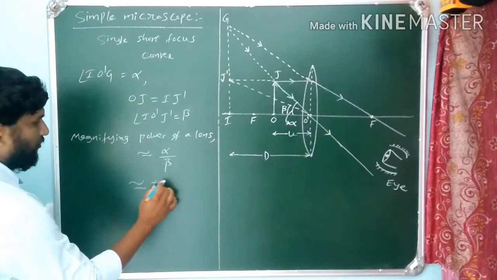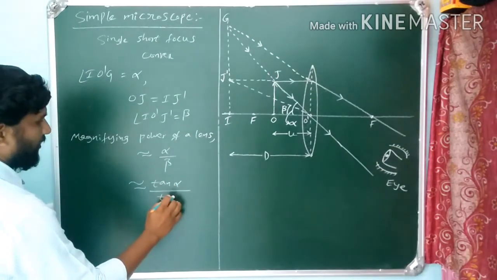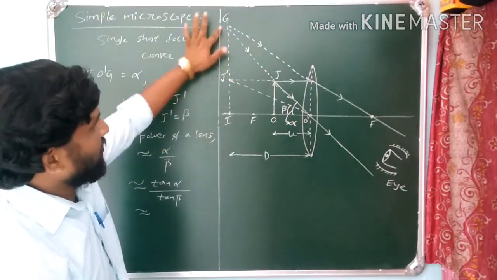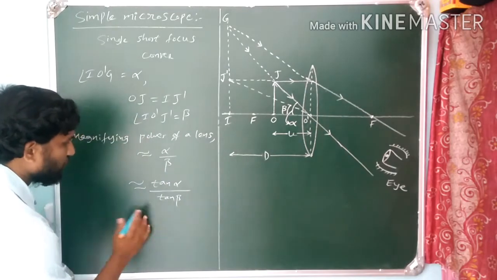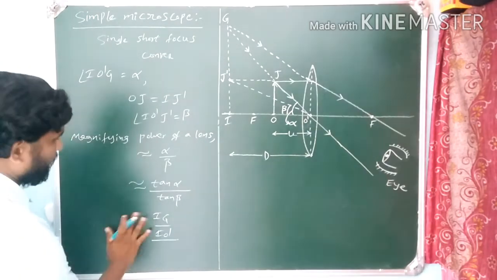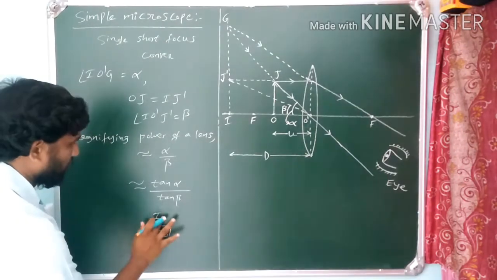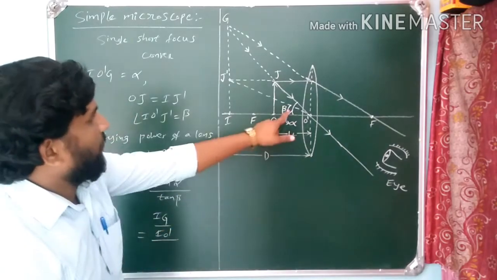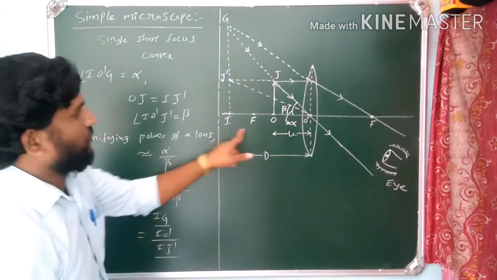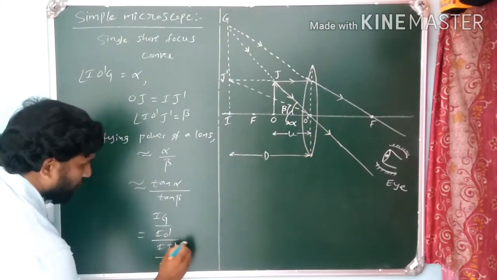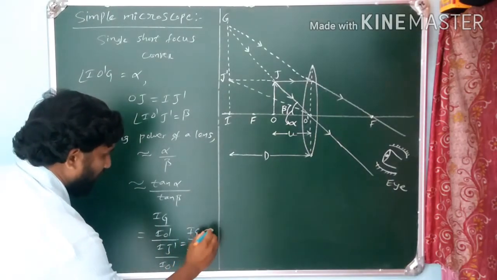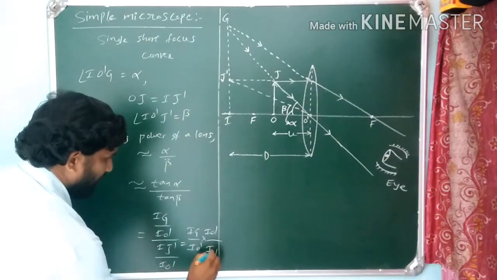Therefore, alpha by beta means tan alpha by tan beta, which is approximately IG by IO dash divided by IJ dash by IO dash, that is, IG by IO dash into IO dash by IJ dash.